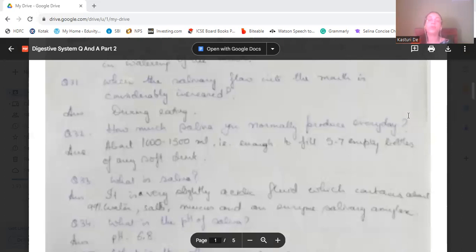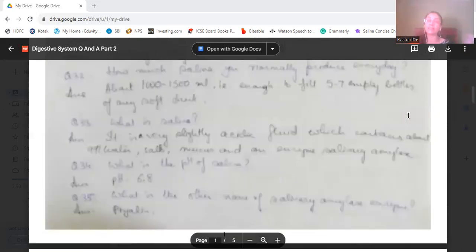Okay. So what is saliva? It is a very slightly acidic fluid which contains about 99% water. Maximum of it is water. Some salts are there, mucus, and an enzyme, salivary amylase. So what is the pH of saliva? It is 6.8.